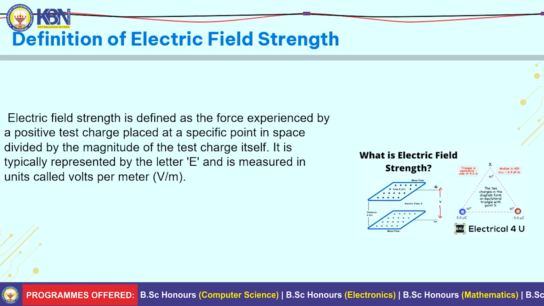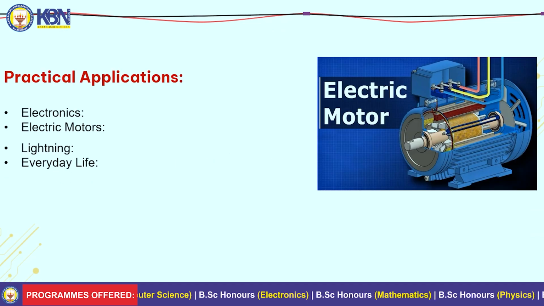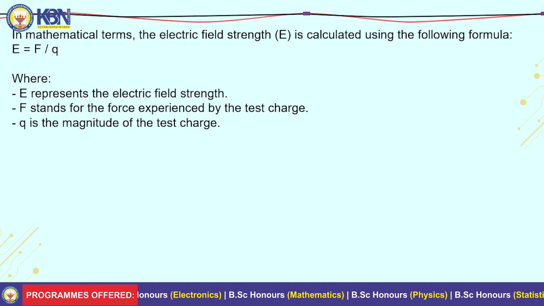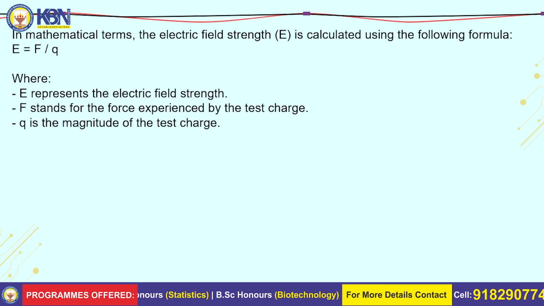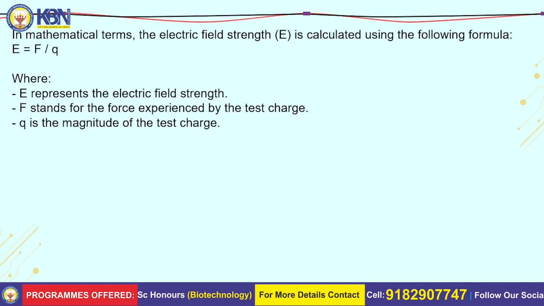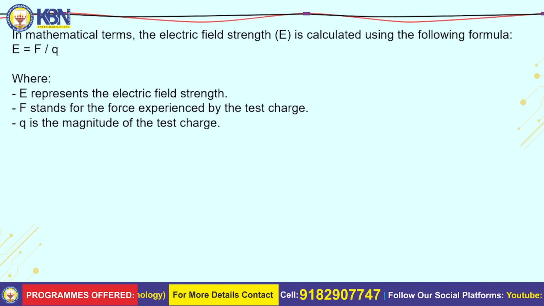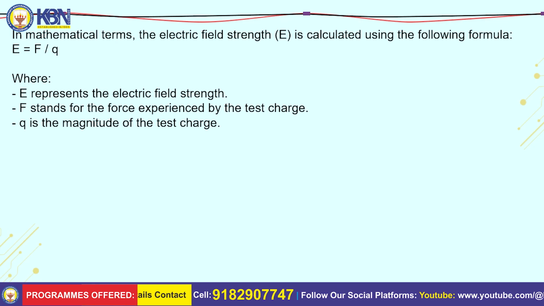It is represented by the letter E. Then coming to the mathematical equation of electric field strength, it is denoted by E = F/Q, where F represents the force experienced by the test charge, Q is the magnitude of the test charge, and E represents the electric field strength.